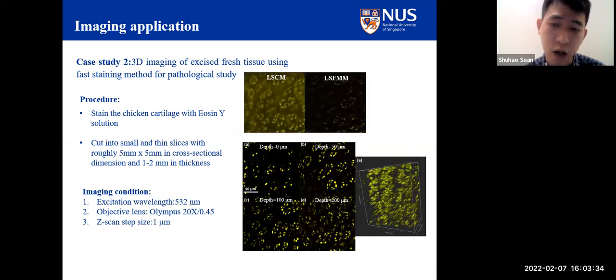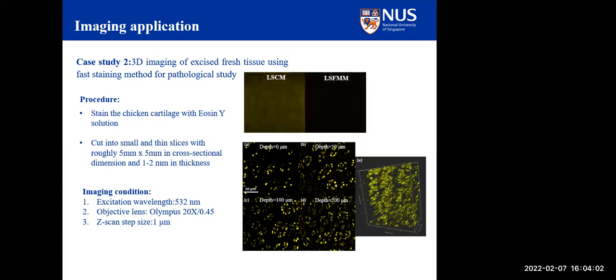If the tissue is not that thick, we can still obtain the 3D image of this tissue volume. But if we want to image very deep, such as 1 millimeter in thickness, we may want to do the clearing, because single photon excitation microscopes cannot achieve that depth without it.